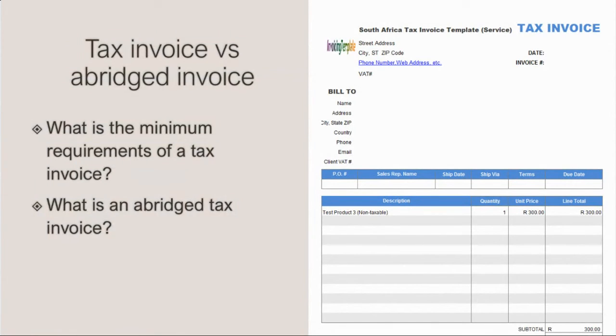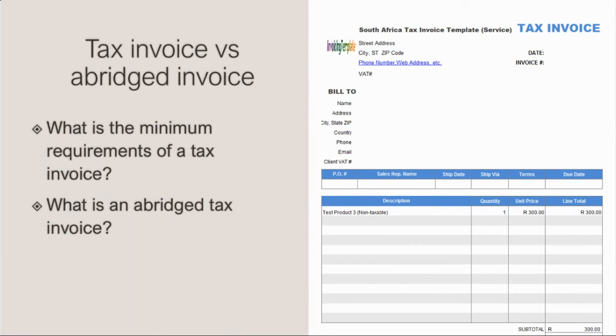That is the amount before we've added VAT on. And then just underneath there would be a line item that says VAT, and it would clearly indicate what percentage has been charged. Whether it's 15% or 0%, you would add it on there, and then you will get the total inclusive of VAT.